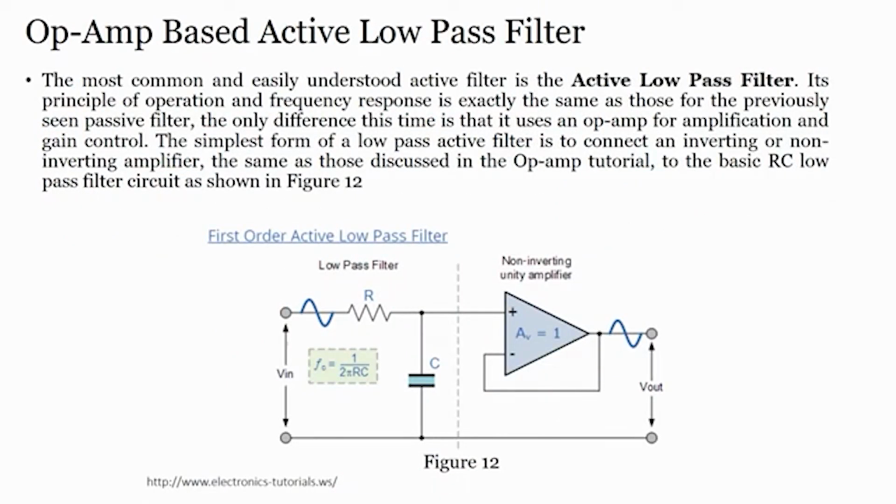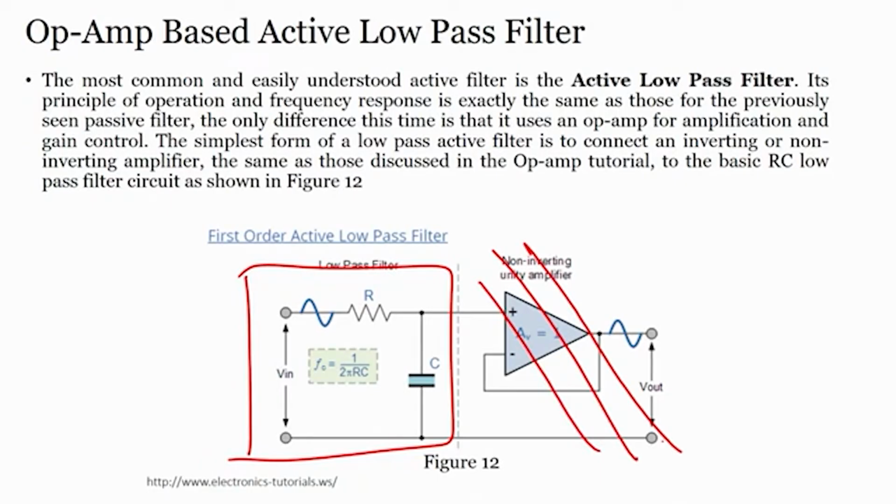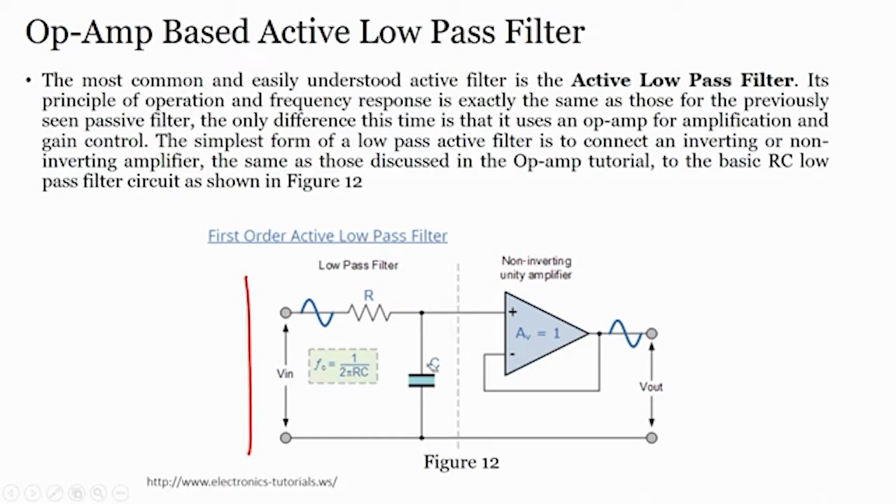Now if I talk about the op amp based active low pass filter. Earlier, what were we using? We were just using this particular section, we were not considering the op amp. This becomes your low pass passive filter. If I use an op amp along with the passive components, it becomes my active filter. And what is this? This is nothing but your unity gain amplifier, the favorite unity gain amplifier.